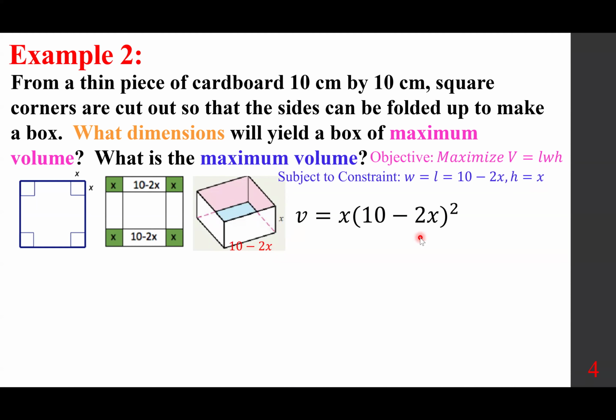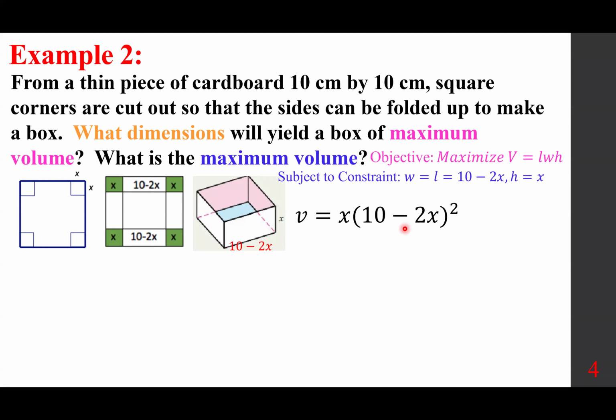The very first thing we need to know is what is our domain. First and foremost, this is 10 by 10. If you cut it in half, it becomes 5. And if you cut it in half, it can't make it into a box. So x must be less than 5 on the one hand. On the other hand, it must be positive. X can't be 0 because even if x is 0, you're not cutting anything, you're not making anything to make a box.